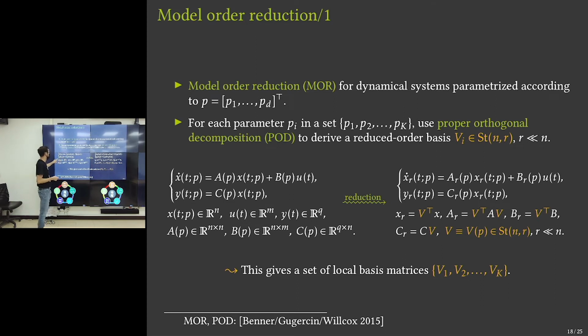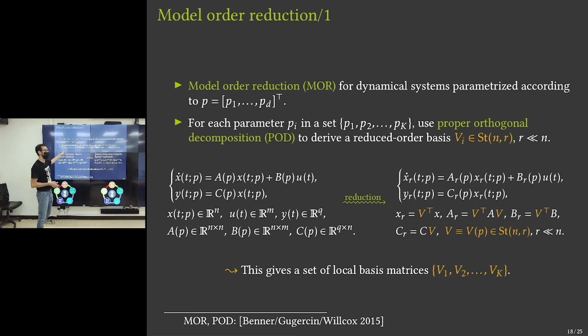Usually these are big matrices: you have big matrices A, B, and C of size n times n, n times m, etc. And what they want to do in this field is to find a smaller dynamical system, this one, where r is much less than n, which is the characteristic size of the original dynamical system.